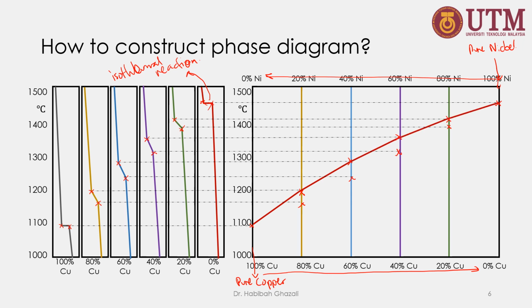And the line that connects all the points for when the solidification begins is what we call the liquidus line. And the line that connects all the points for when the solidification ends is what we call the solidus line.